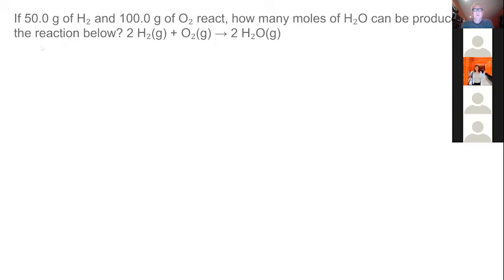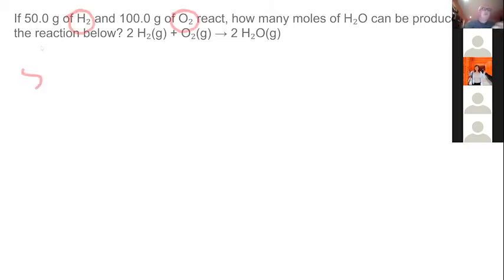I think my number ended up being something like 3.14 moles of water, but when I put it in, the answer is wrong. All right, so first thing to do is indeed convert both of these into moles.